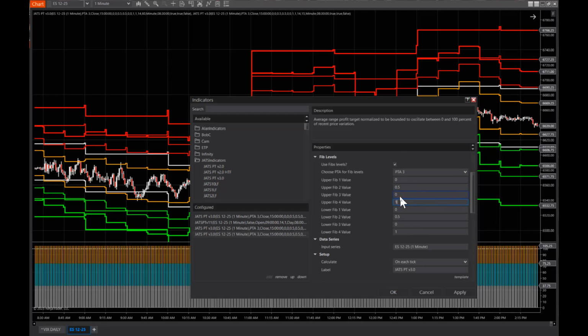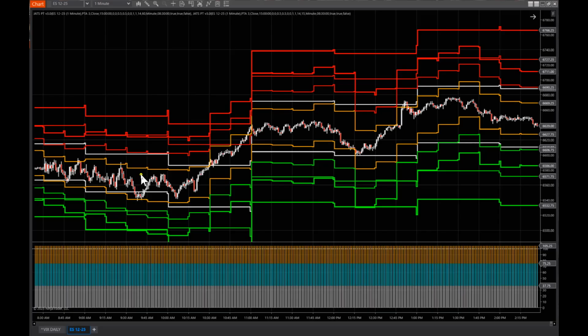So 50% is actually 1.5 and 100% is 2, because you have the original distribution and then one outside. Add them both together and that's 2. So it's 2 times the range, or 1.5 times the range, because you count the original range plus you're adding 50% to make it 1.5, or 100%, 2 times the range.